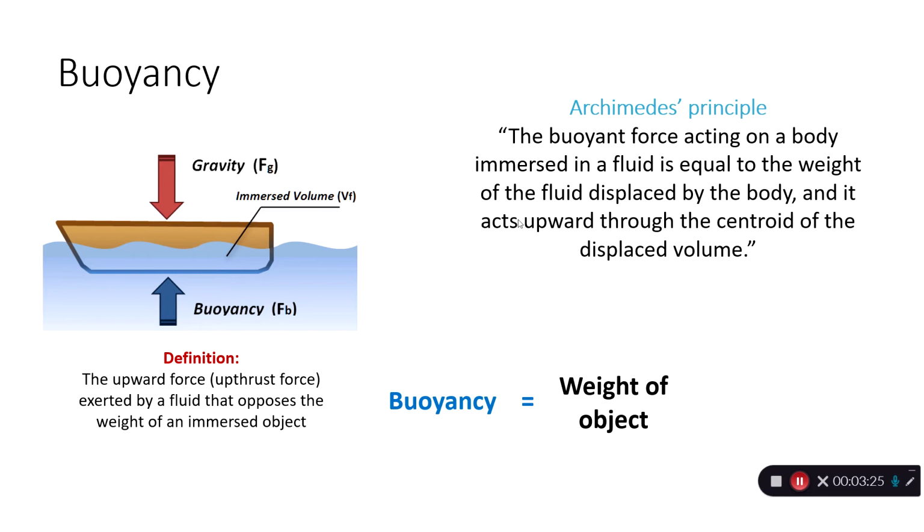So remember the water that splashes away when you jump into the pool? So the weight of that fluid is equal to the buoyant force. Okay, so not only we have this similarity, buoyancy equals to weight of object, we also have the weight of the displaced fluid.